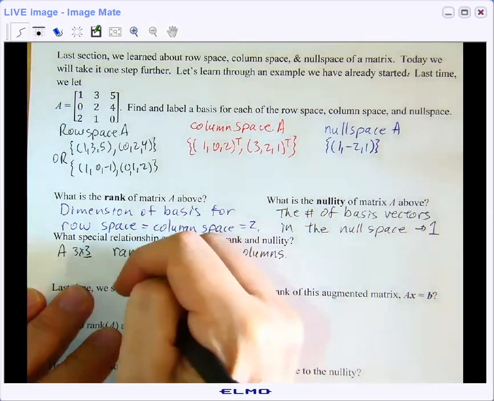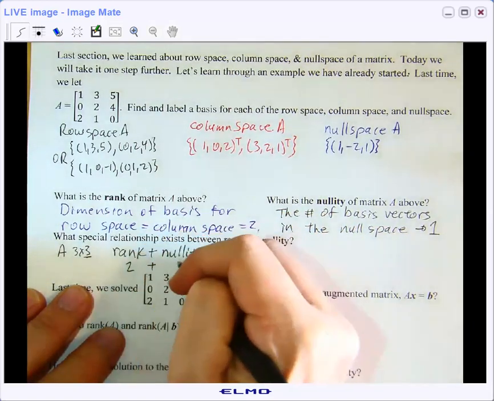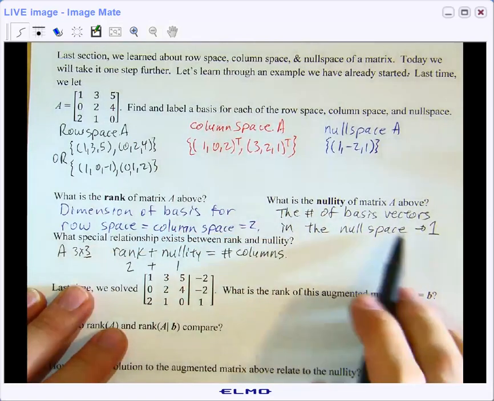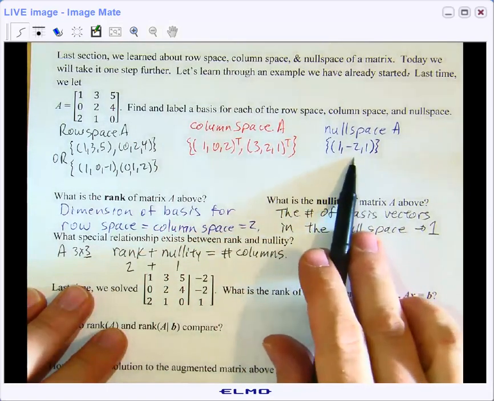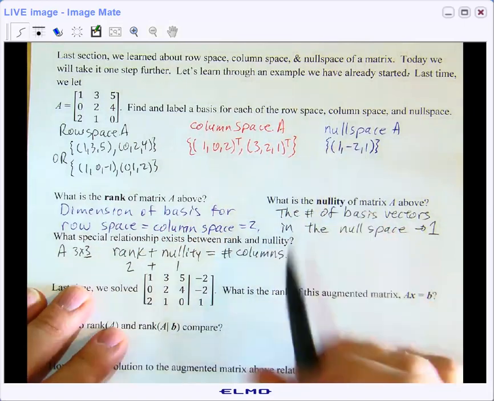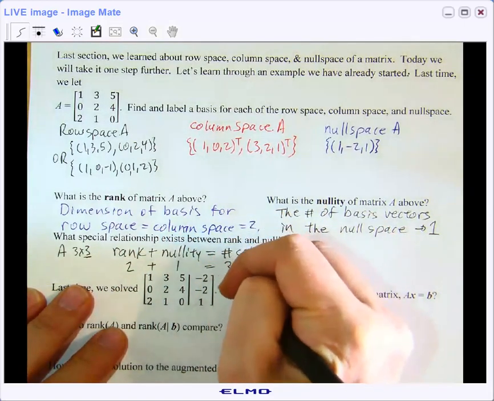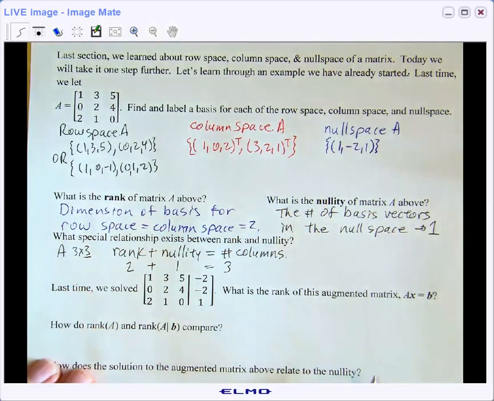So the rank was 2 plus the nullity was 1. It was a one-dimensional subspace of R3. We find out that we get 3, which was the number of columns in the original matrix.